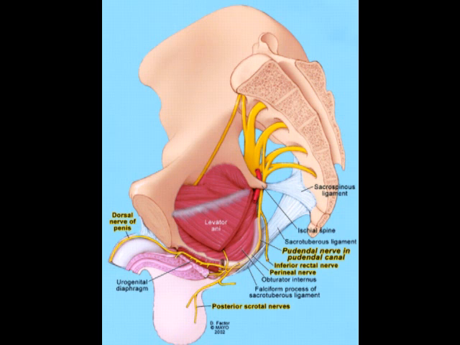It could also be entrapped inside your Alcock's canal, but definitely would not be where the rectal branches are.